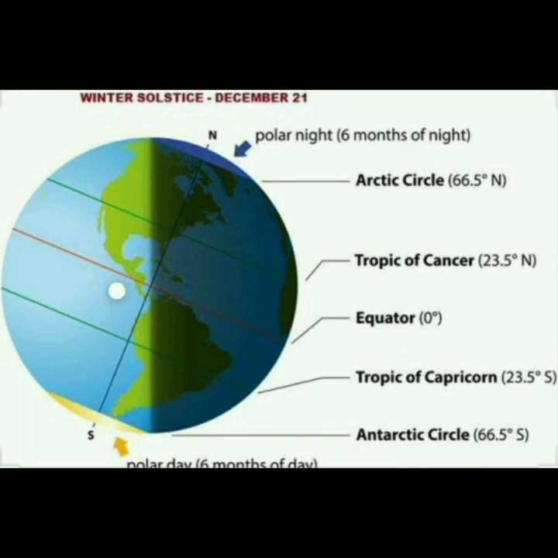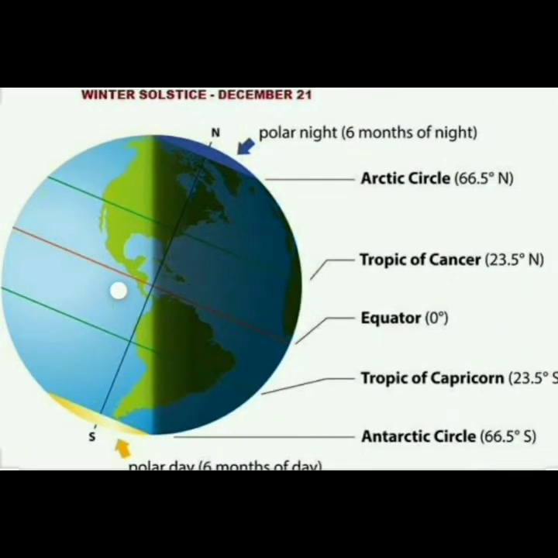Yes. Now see in this picture, you will be very clear about equinoxes. On 21st March in northern hemisphere, it is spring season. On the same day, on 21st March in southern hemisphere, it is autumn season.